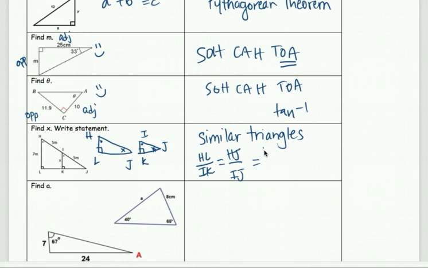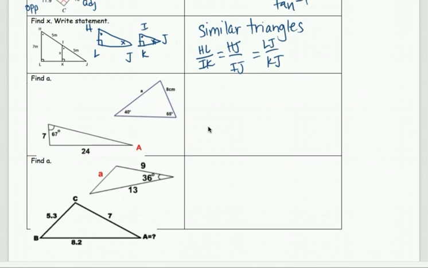And then last side, LJ, that's the bottom here, is KJ, like that. Okay, so you have the proportional ratios here. So again, if you know some of them here, you can go and find the unknown, like this X here.